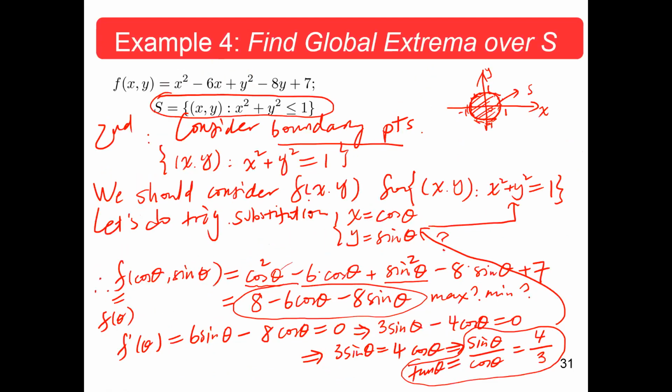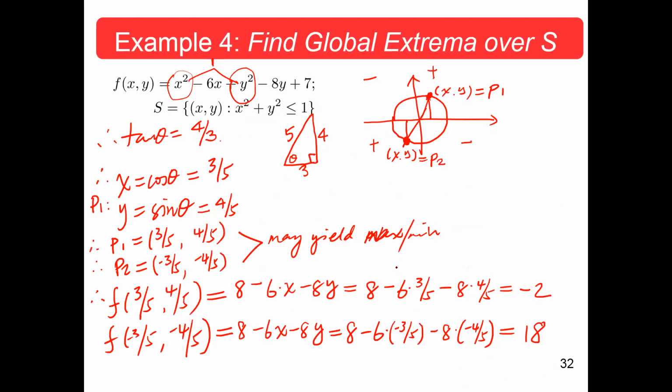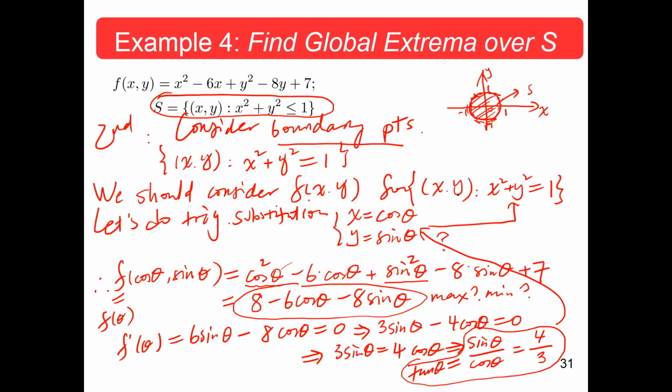It's easy to see that we spend lots of time in the second part, when we're considering the boundary points. For the boundary points here, we're able to use trig substitution to find the max and min. It's pretty complicated, and actually this problem can be solved in the next section by using a systematic method called Lagrange multiplier.